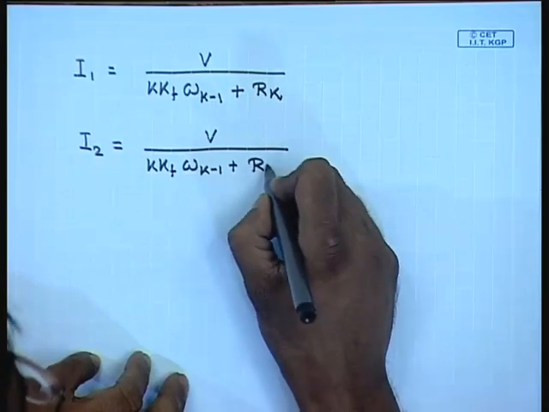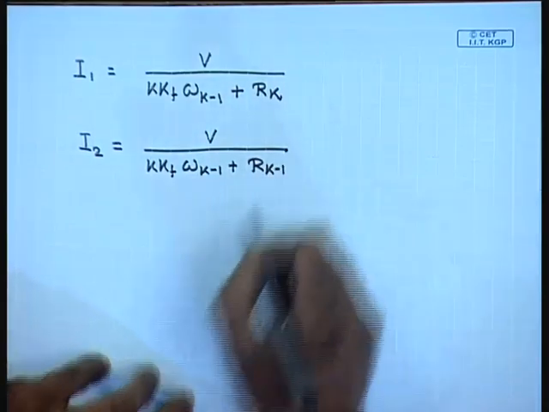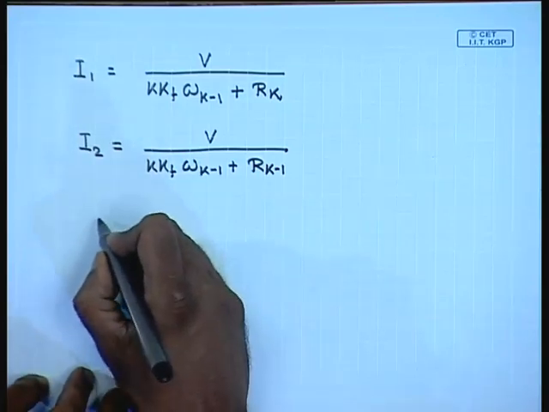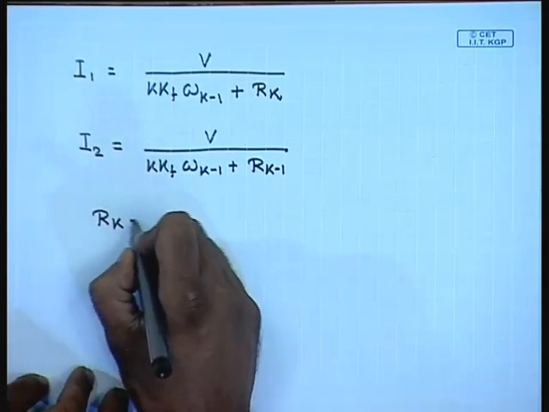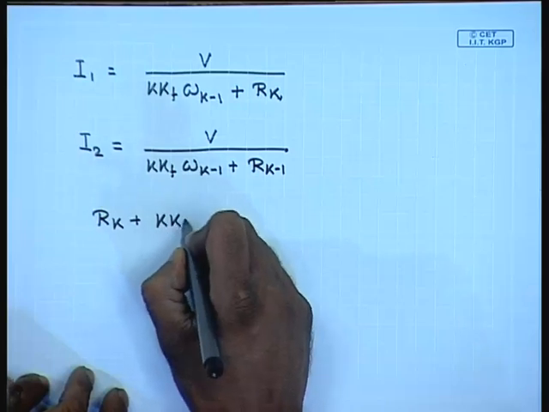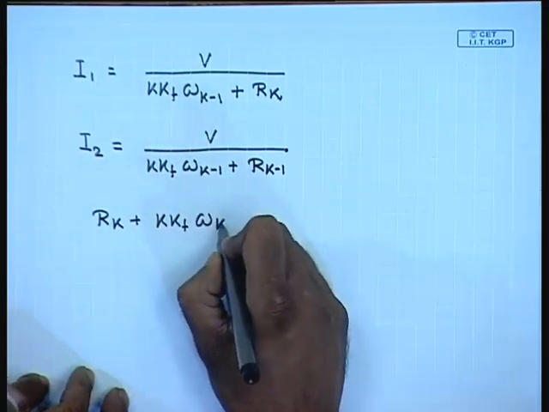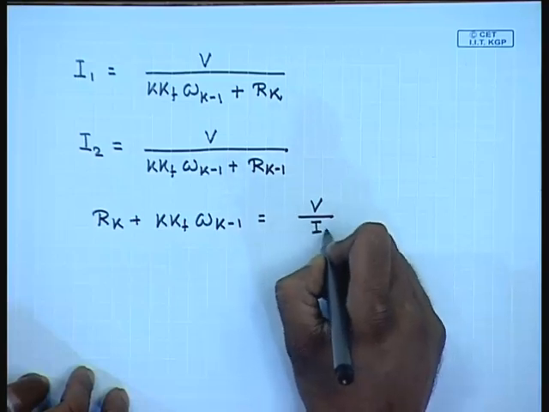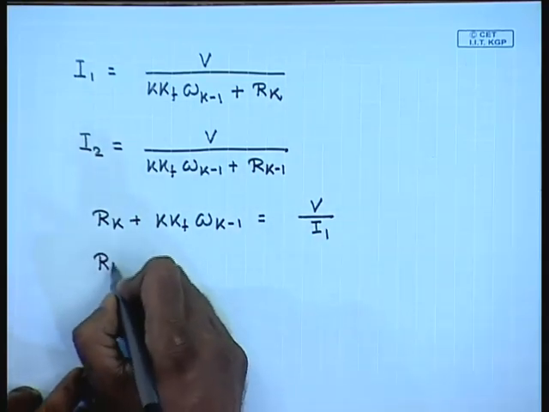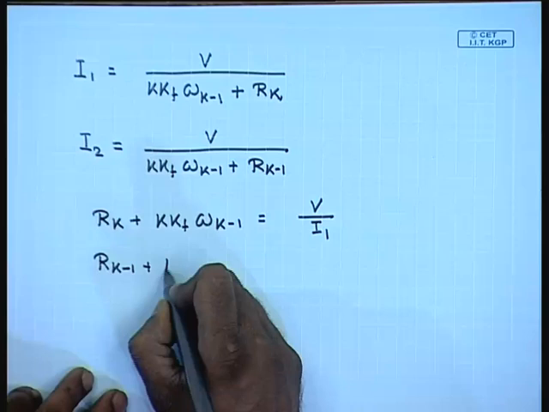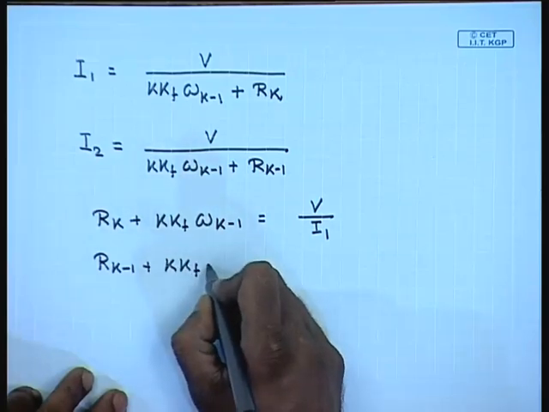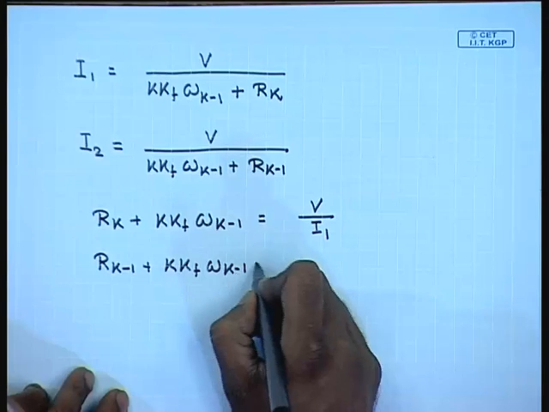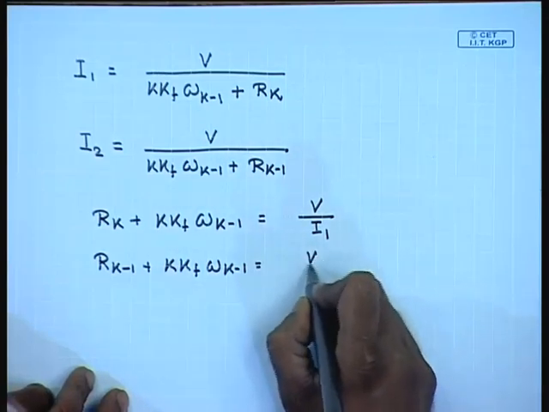Therefore, Rk plus Kf omega k minus 1 equal to V divided by I1, and R k minus 1 plus Kf omega k minus 1 equal to V divided by I2.